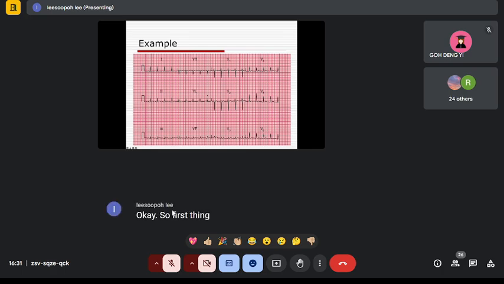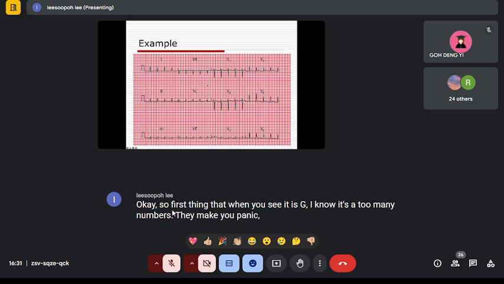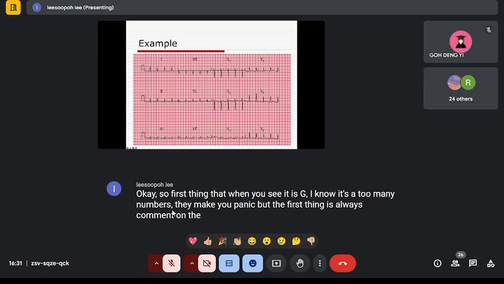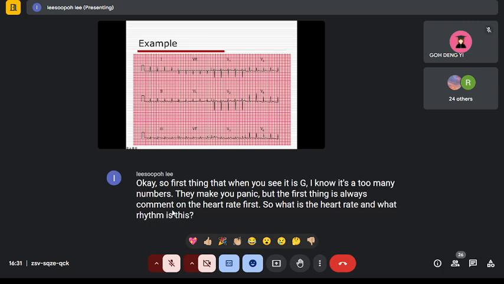The first thing when you see an ECG, I know it's too many numbers that make you panic, but the first thing is always to comment on the heart rate. So what is the heart rate and what rhythm is this?